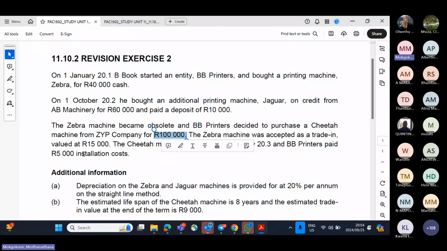They will give you the cost price of 105, and we said depreciable amount is cost price less your residual value. Then we'll say 105 minus 9,000, they will give you 96,000. Divide by 8, then you calculate your times 6 over 12, because this was installed 1st of January. Then you get your accumulated depreciation.